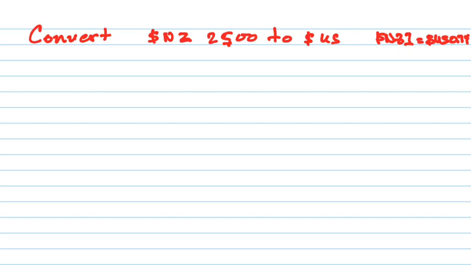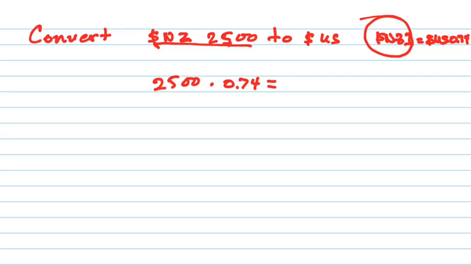So, which one is my 1 in my formula? New Zealand dollars. And that's what I have, right? So I have the 1 as my big amount, which means that I'm going to use which operation? Multiply or divide? Multiply. So I simply take the 2,500 times the 0.74, which is going to give me 1,850.